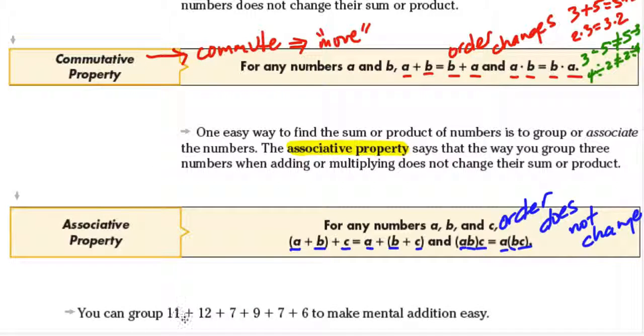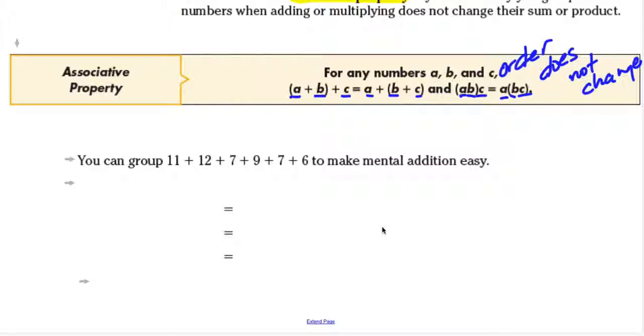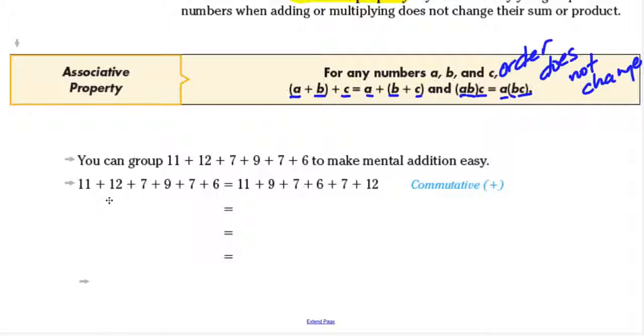So you can group 11 plus 12 plus 7 plus 9 plus 7 plus 6 to make mental addition easy. How do you do that? Let's find out. 11 plus 12 plus 7 plus 9 plus 7 plus 6 will be equal to 11 plus 9 plus 7 plus 6 plus 7 plus 12 using the commutative property of addition.